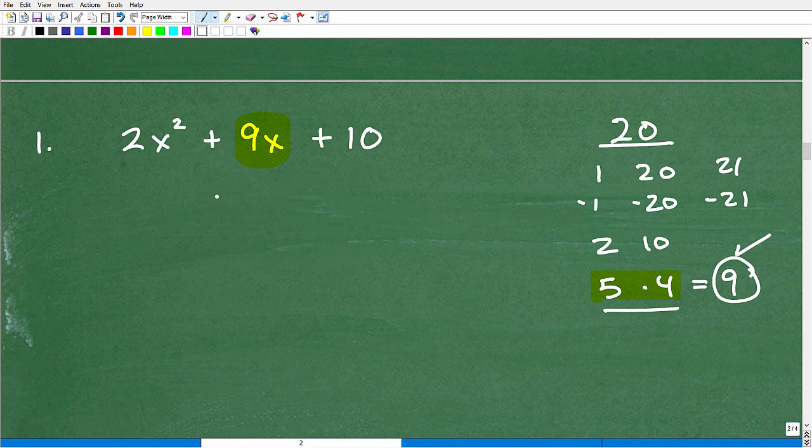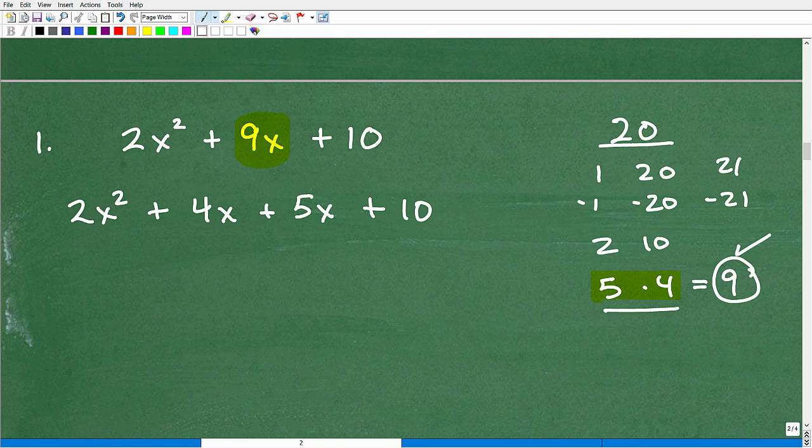So we'll do 2x squared plus 4x plus 5x plus 10. Again, 9x is the same thing as 4x plus 5x. We're not breaking the problem. We just split up 9x in a way that's going to help us out.